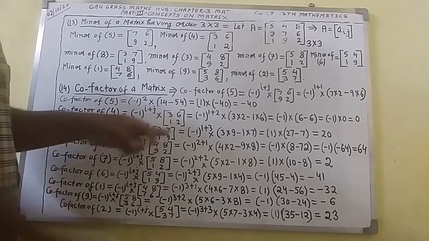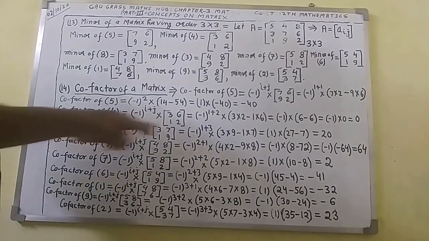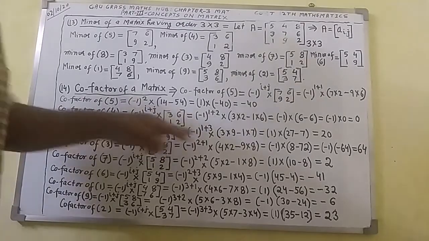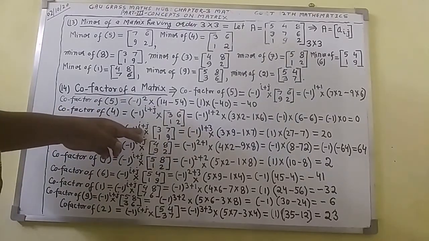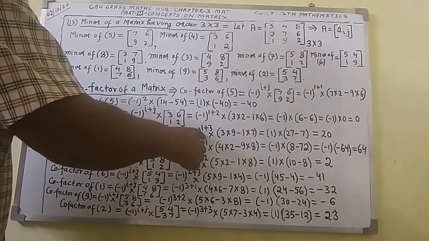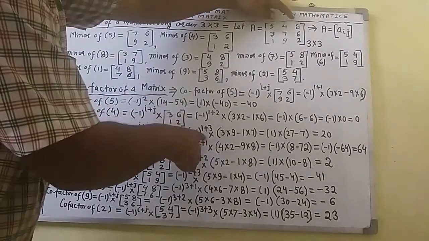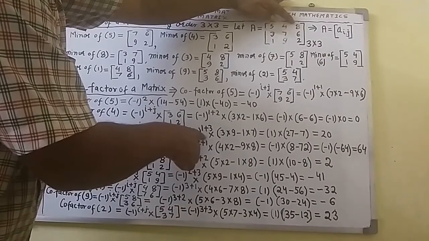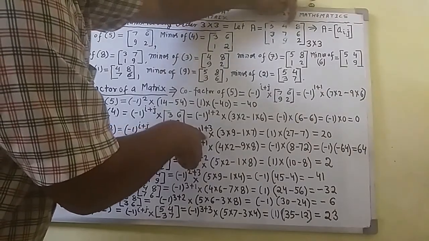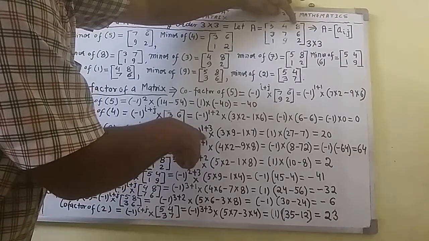I have written 3 7 1 9 here, equal to minus 1, which is a constant that is fixed here, and the value of i will be taken from the row position of element 8. So here you can see 8 is there in the first row.